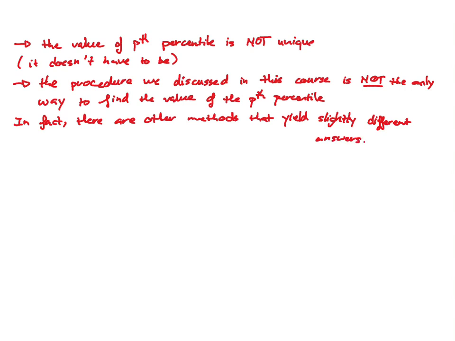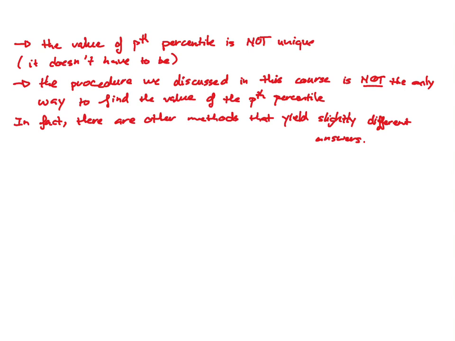So in this video, we have gone through a particular example where we've found the 25th percentile, the 50th percentile, and the 75th percentile. We looked at the 50th percentile, and we determined that it is nothing other than the median.